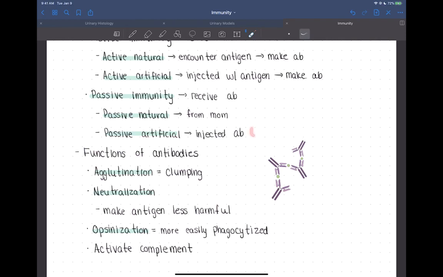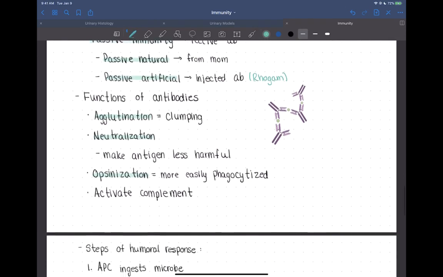Right? So an example of this, that we talked about, is RhoGAM. All right, so remember with RhoGAM, you inject antibodies when a Rh negative blood mother is having a Rh positive baby, so she will not make antibodies against that positive blood from the baby.